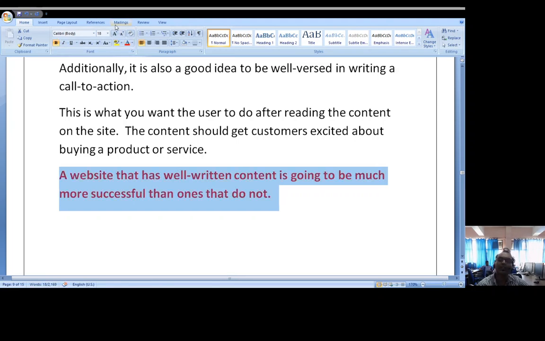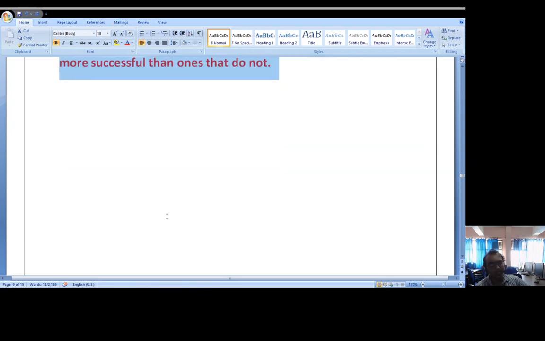It doesn't need to be in communicative mode, it can be anything. Your use of words while communicating is your personality. It shows your thought process, your inner conscience, how you understand things. So a website having well written content is going to be more successful than a website which does not.